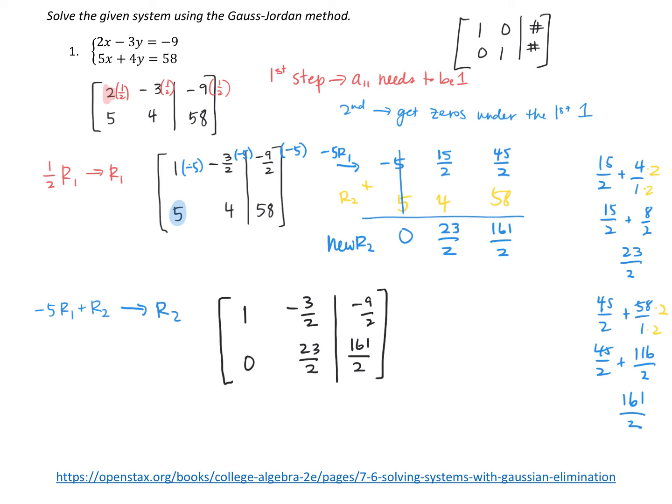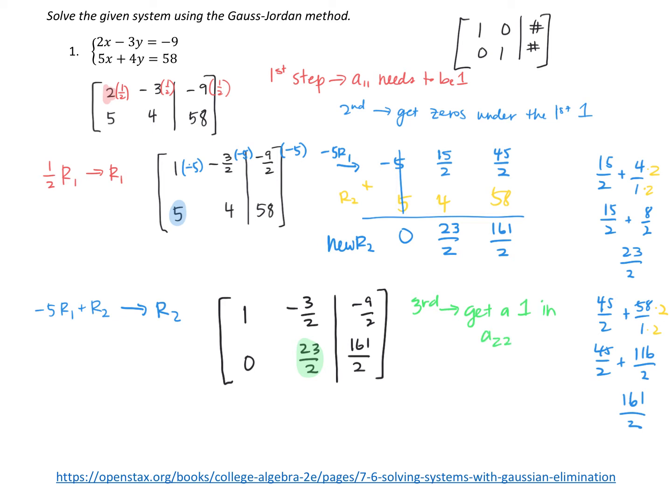My third step now is to get a 1 in A22. So this, let's see, 23 over 2 is in the spot where I need a 1.